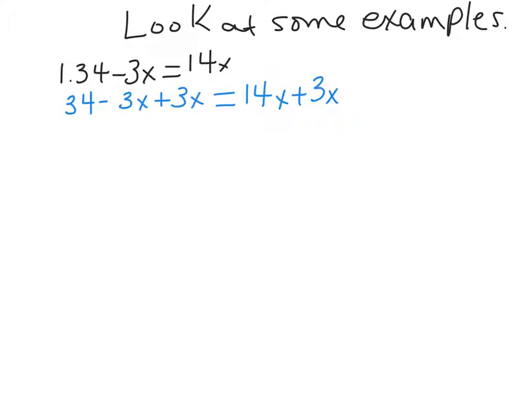In our first example, we have 34 minus 3x equals 14x. And automatically we can see that 14x is the bigger side, so it has a larger coefficient, so we will get rid of the 3x, and we are left here with 34 equals 17x, and we will divide both sides by 17, and we will get 2 equals x.